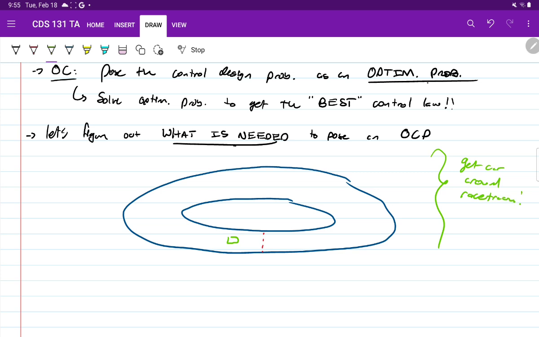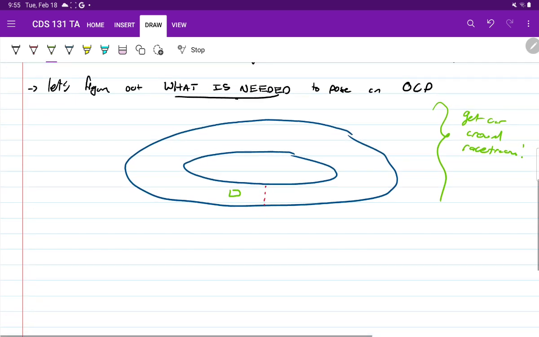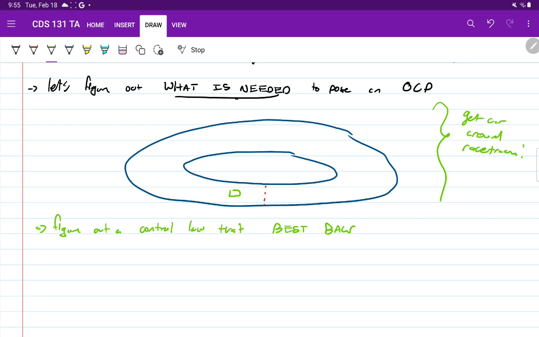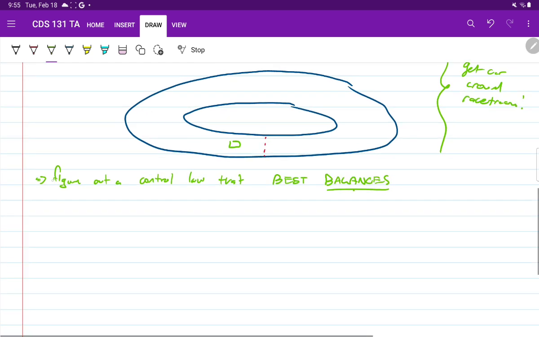So how could we set this up as an optimal control problem? Well, maybe what I want to do is figure out a control law that best balances the fuel consumption and the lap time.